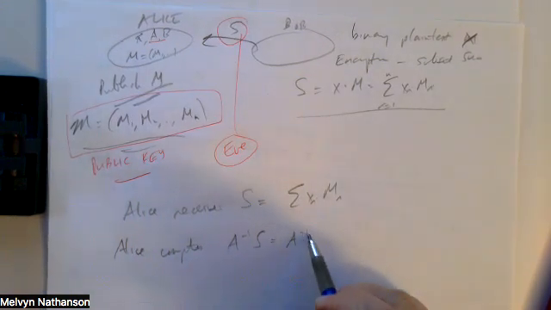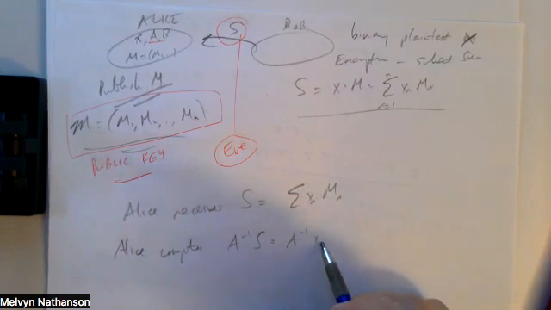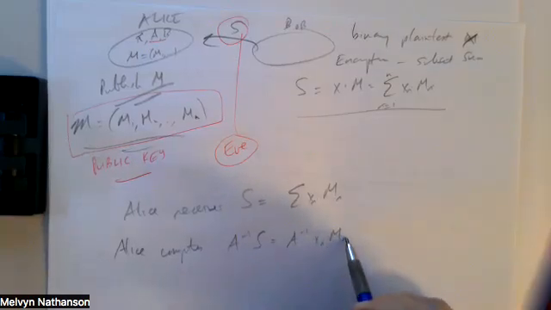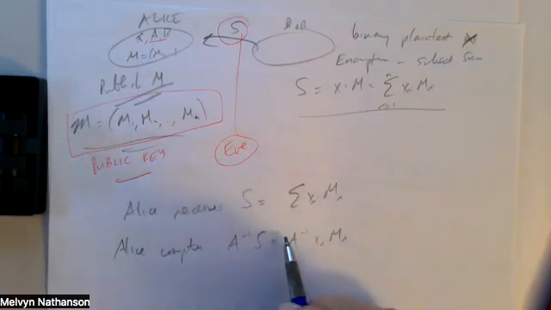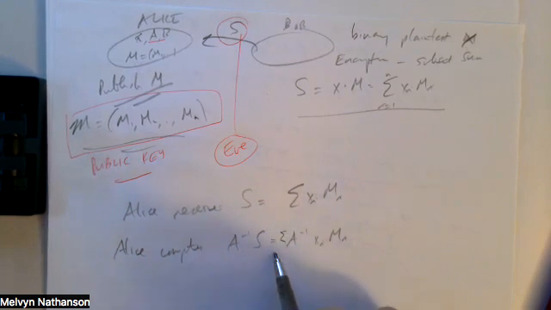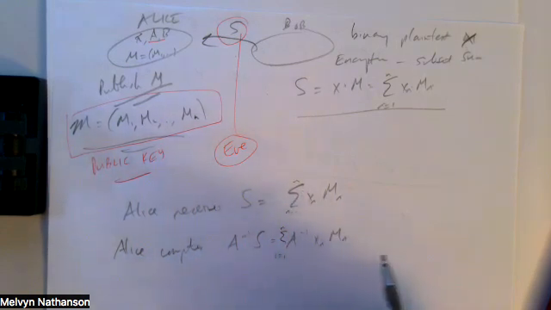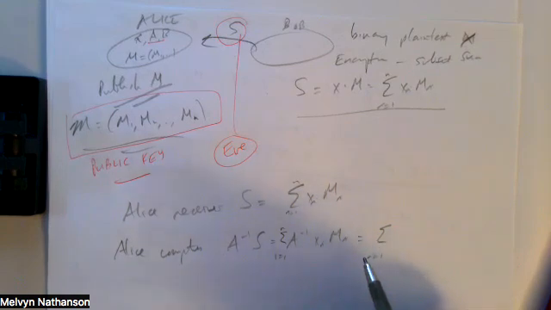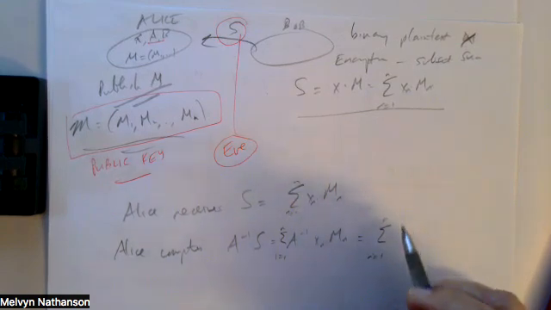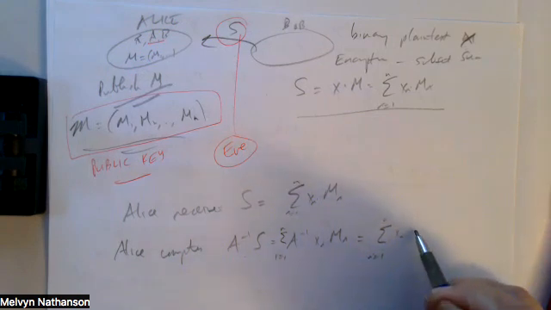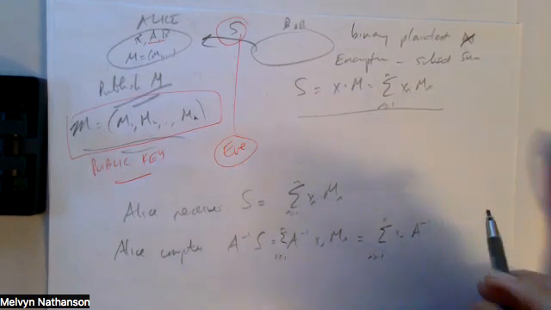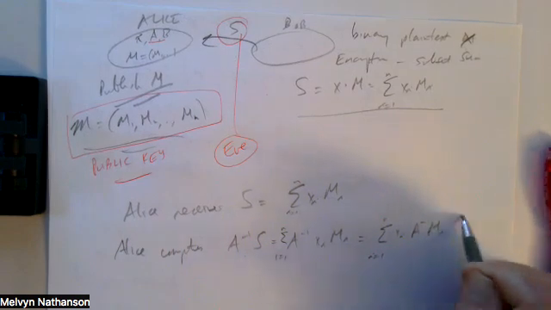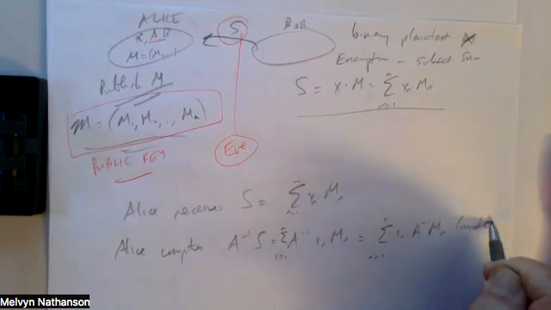It's A inverse times the summation x_i m_i, where i goes from 1 up to n. This is the summation, i goes from 1 up to n, of x sub i times A inverse m sub i, mod B.